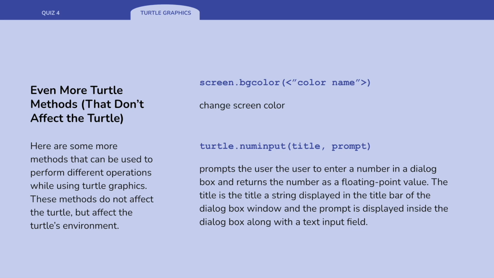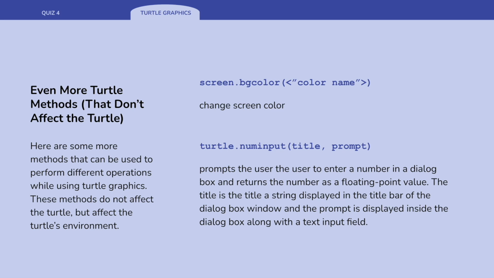And this, like the pen color and the fill color, takes a name of a color as a string as an argument. And the purpose of this function is to change the screen's color. So by default, the screen's color is white, but again, you can change it to any color that suits your fancy out of that huge long list I just showed you, or where you can find in Appendix D in your book. The other one I want to talk to you about is num input.